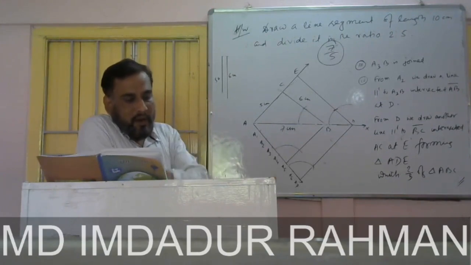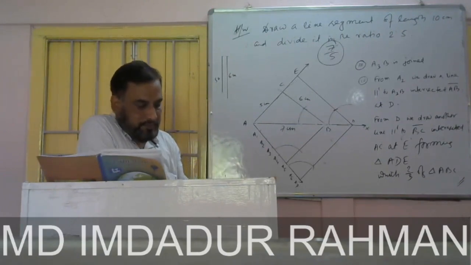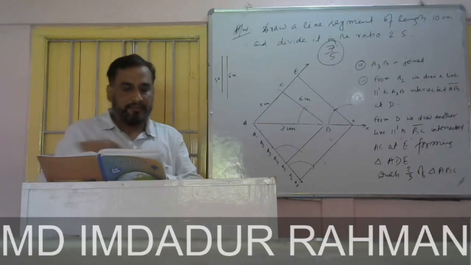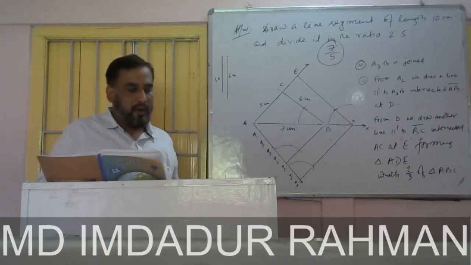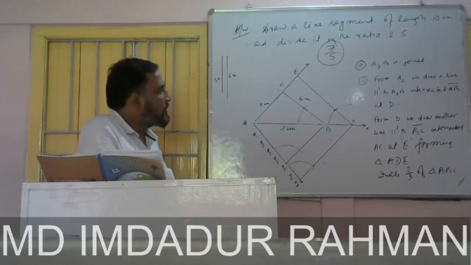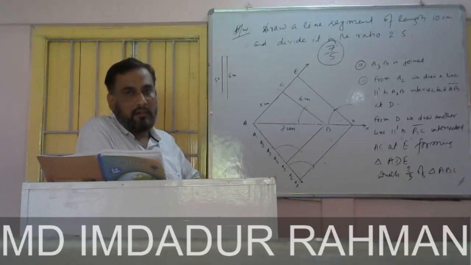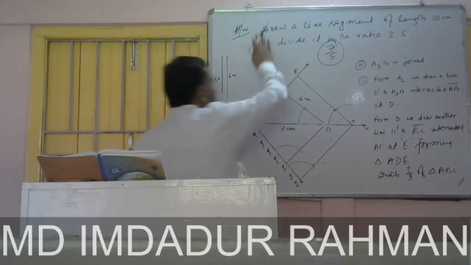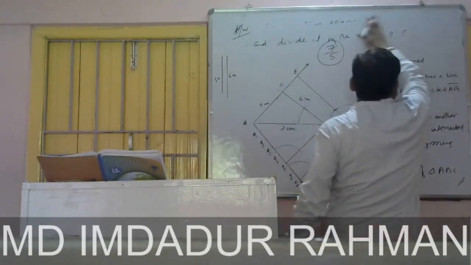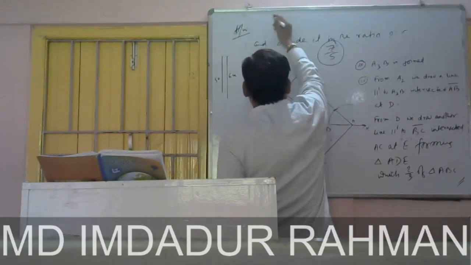Okay, now I am giving one more example extra as homework. Write down: construct a triangle similar to a given triangle ABC. I am writing here. It will be better if I write, then you can copy.